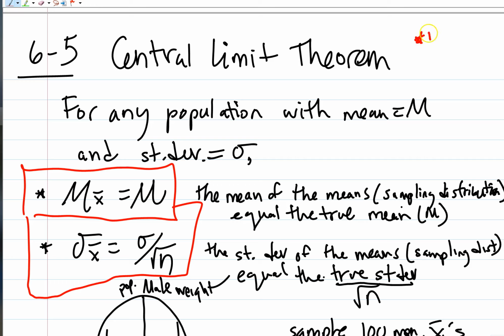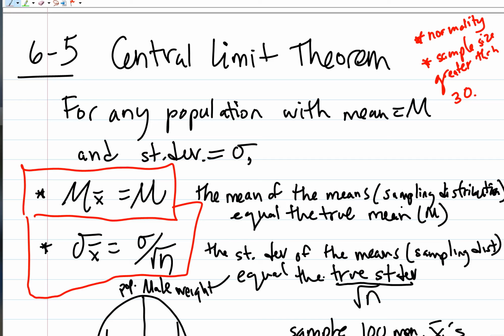You must either have normality or you have to have a sample size greater than 30. Some will say greater than or equal to. I'm going to call 30 fine. If we get to 30, it's going to be close enough. I'm not going to split hairs on that, so greater than or equal to 30 will be fine for me.